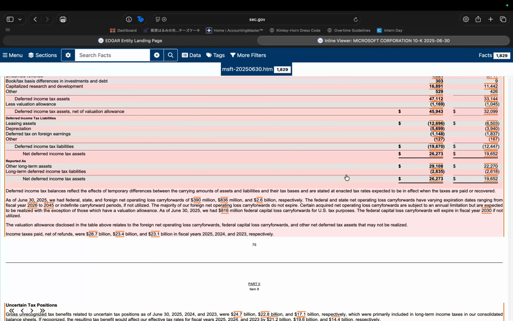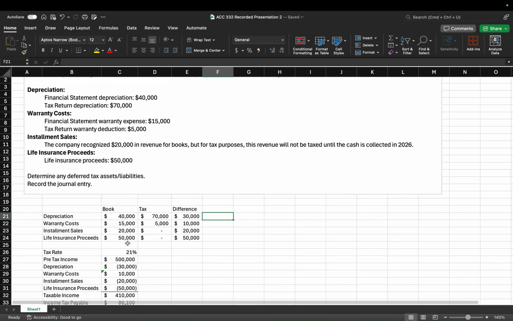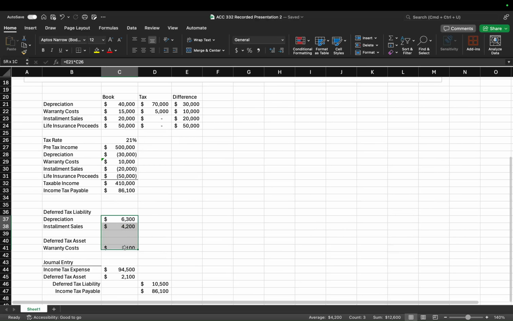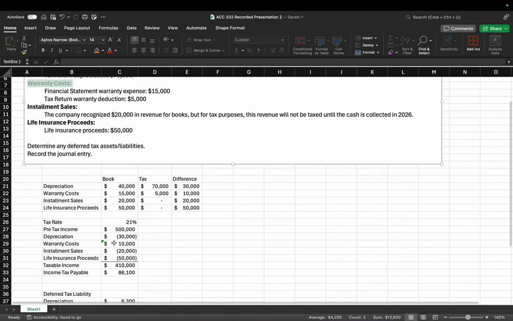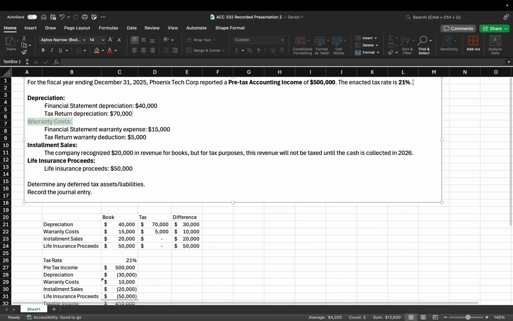So this is what I was trying to explain in the problem, where for all the deferred tax items, you want to calculate them based on the year that they would reverse out. So say, for example, in 2026, the tax rate drops to 15%.